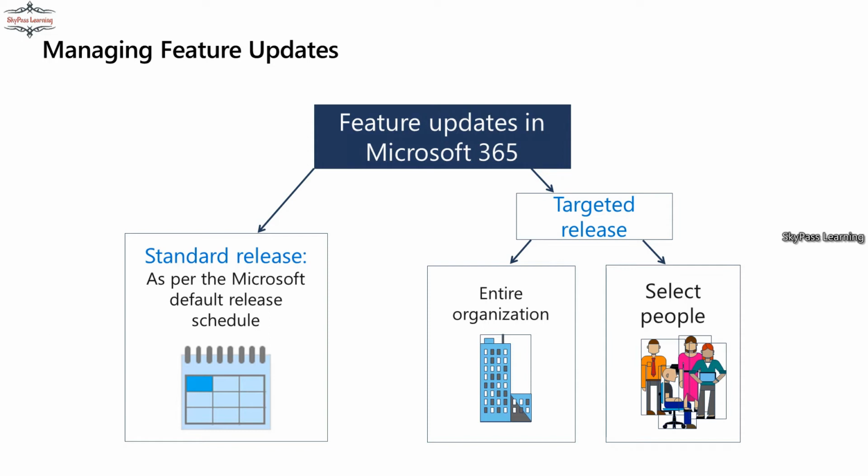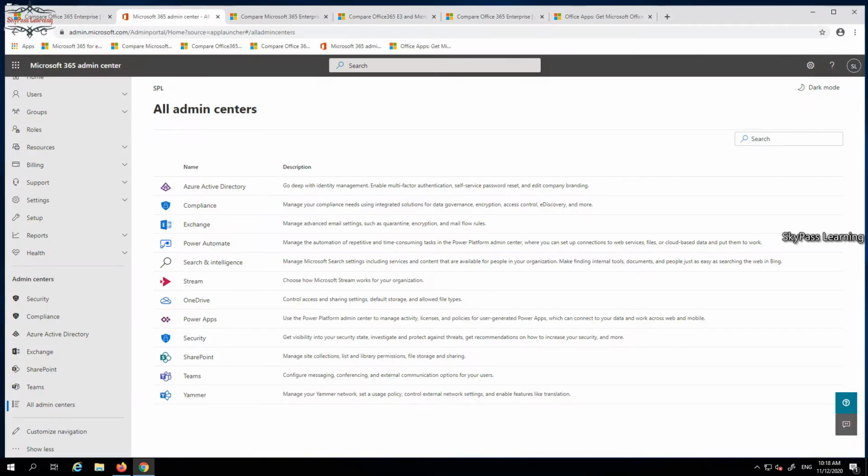In that scenario you can choose a target release as per your convenience, initially as a test environment or testing people, and then the entire organization. That is the backend features update solution, but you will get the functionality in the front end, where you will access your Outlook, your Teams solution, etc.